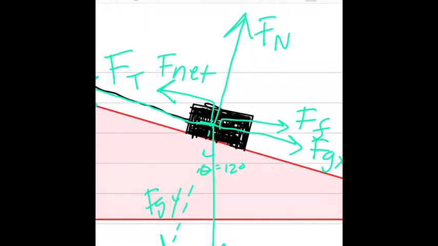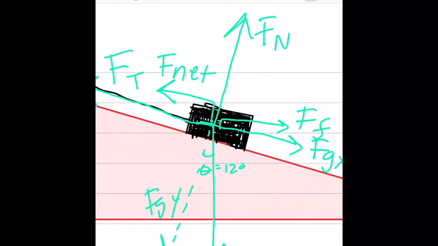So that was the mu sub k, 0.3 coefficient of kinetic friction. That's the first thing you need for friction. Now we need the force on the surface. There is a value that we use for that, and that is normal force, because remember, normal force is perpendicular to the surface, and so that's how hard you are pushing on the surface.